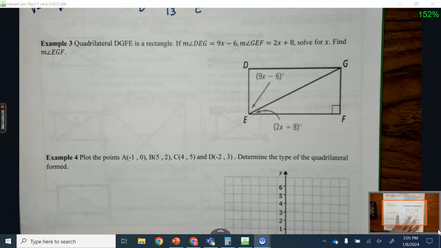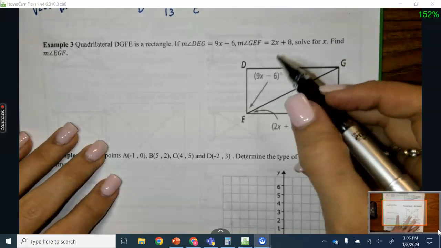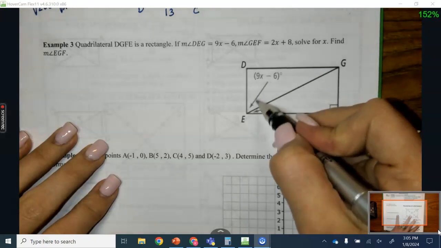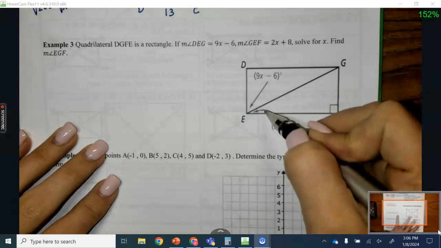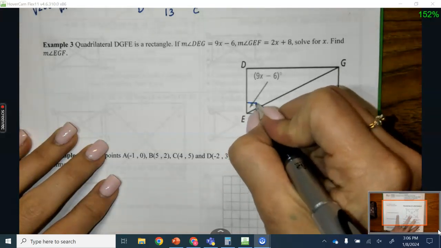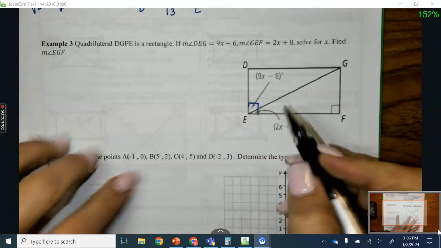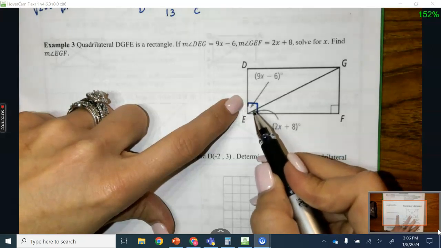Okay, example 3, quadrilateral DGFE is a rectangle. If the measure of angle DEG right here is 9x minus 6 and angle GEF right here is 2x plus 8, solve for x. In a rectangle, we know that there's right angles at my vertices. So these two angles are adding together to equal 90, right?